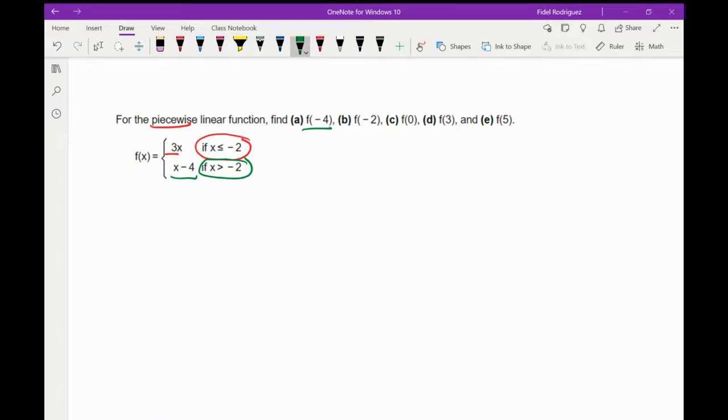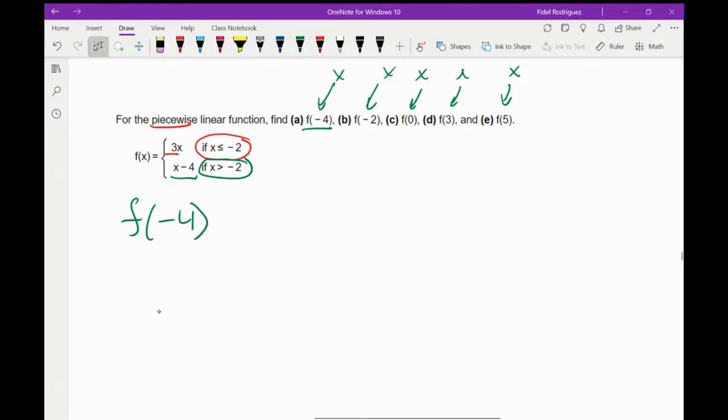So when I do the first part right here, it says, let's find f of negative 4. Remember, these here are the numbers that we are using for x, okay? So the first thing I want to ask you guys, would you say negative 4 is smaller than negative 2 or bigger than negative 2?